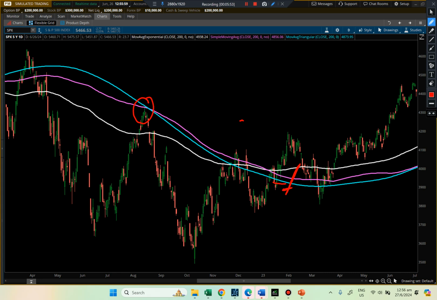It's way past the SMA, and then it stops nicely where the TMA and EMA are located. Like we mentioned earlier, the TMA, the triangular moving average, tends to work for slower moving securities such as the S&P 500, because the S&P 500 doesn't have much movement compared to the Nasdaq 100 or even on an intraday basis.